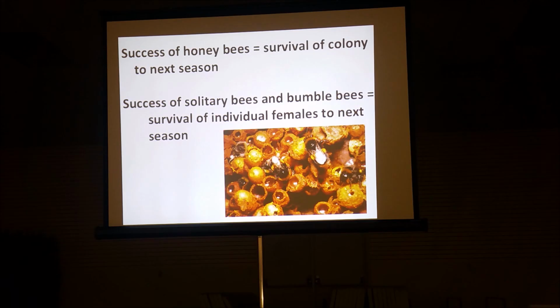You'll see big old queen bumblebees flying around, buzzing around, looking in places, going in hay bales, trying to find a place to establish their nest. So for the bumblebees and all the other solitary bees, you've got to produce a lot of queens that will survive the winter if that species is going to continue. For honeybees, you've got to produce a colony.